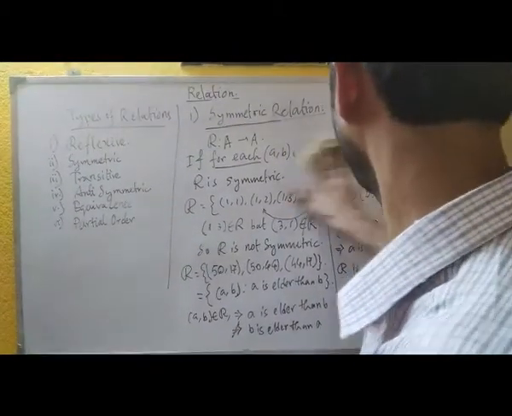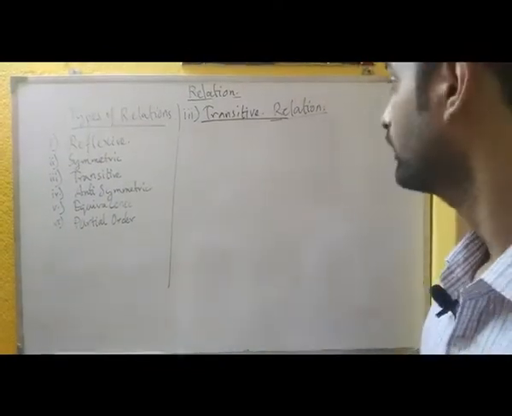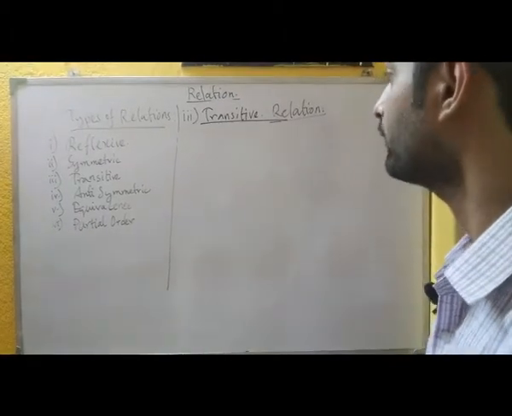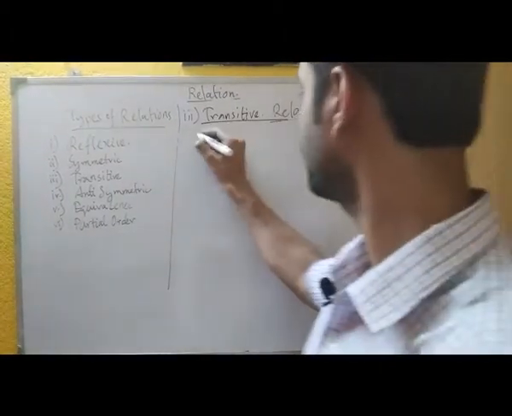In the same sense, we define the transitivity. So the next one is transitive relations. So here we define transitive relations like this.